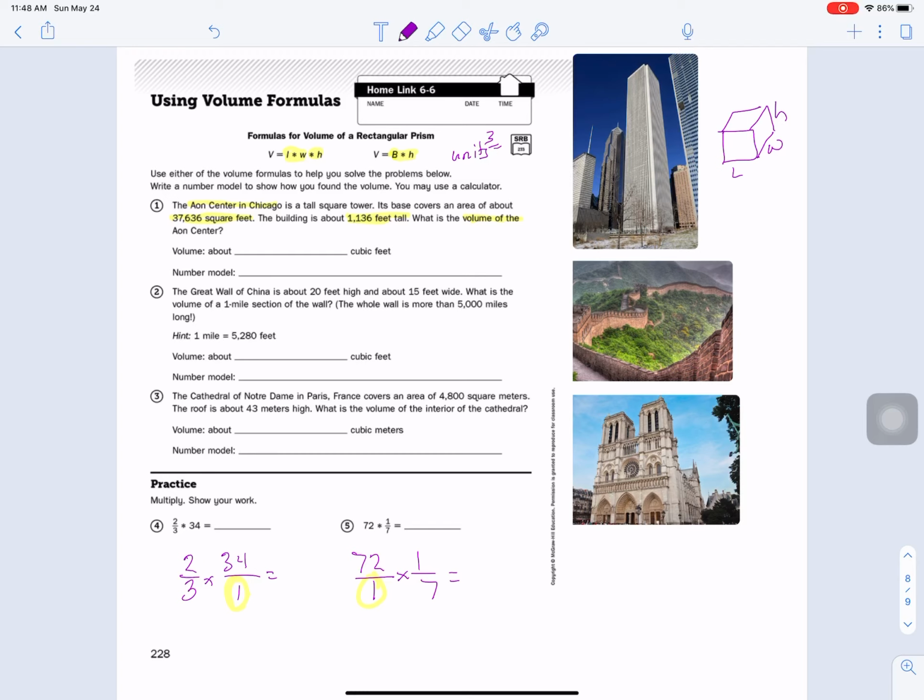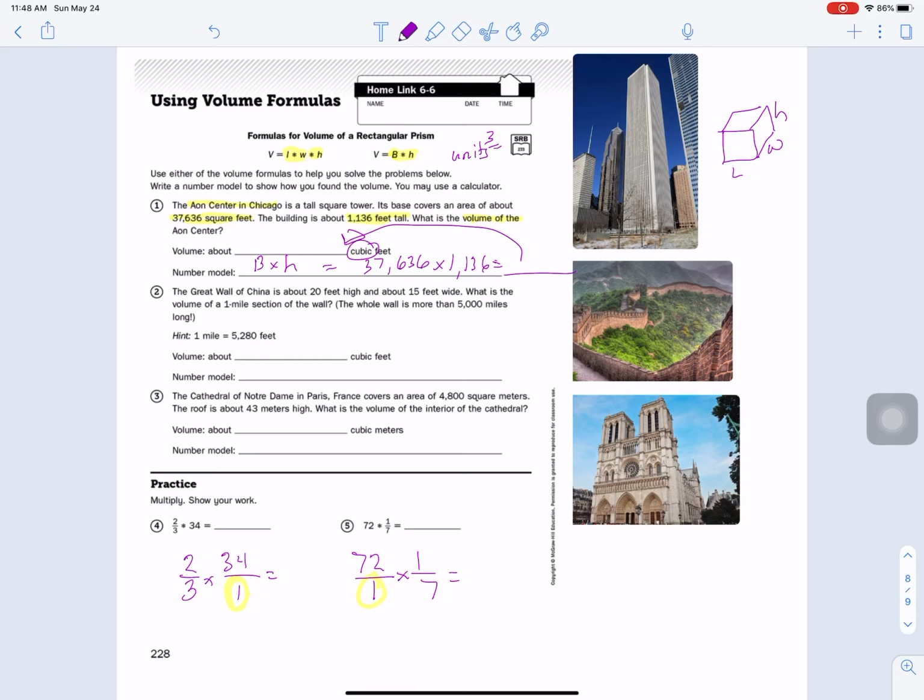All right, so the number model is, in this case, base times height, right? So this is what you're going to do. In this case, your number model would be 37,636 times 1,136 equals, I'll let you figure that one out. And then you can write your answer up there. And notice, cubic feet.